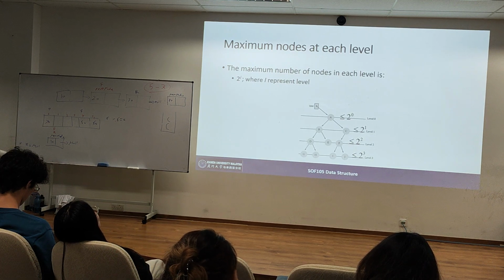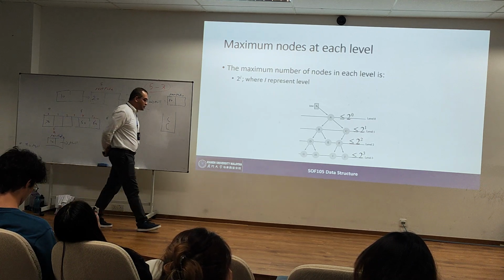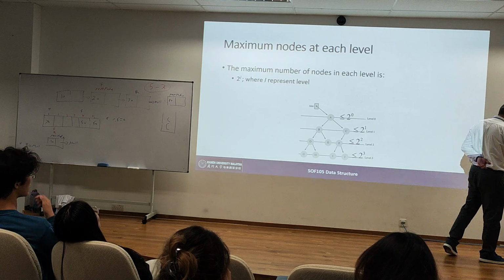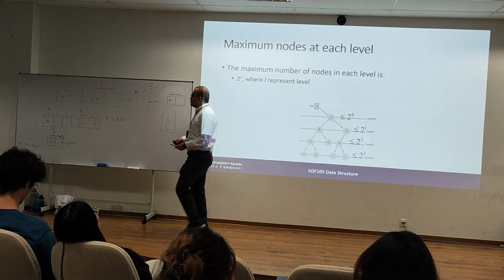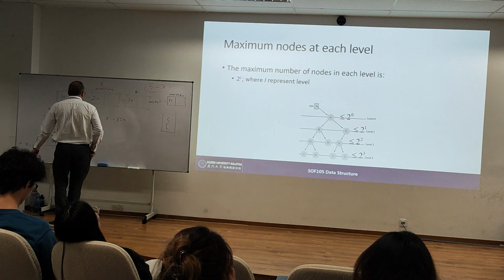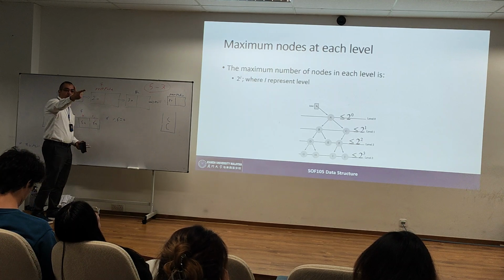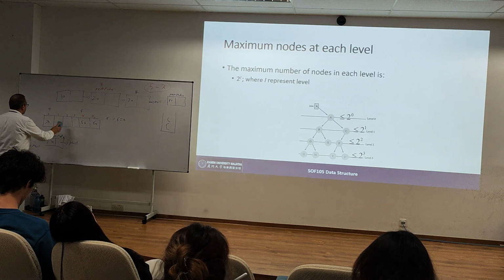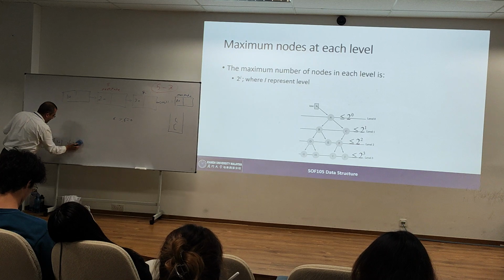How many levels do I need? 2? What do you mean by 2, exactly? If we start from 0, we need level 0, level 1, level 2, correct? Yes. How many levels do I have? 3. 3 levels. Okay? So, if I have 7 nodes, how many levels do I need?